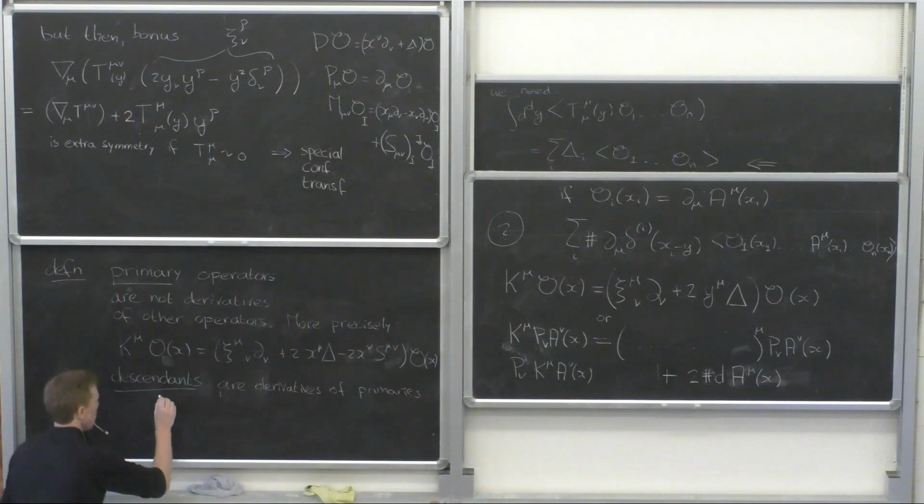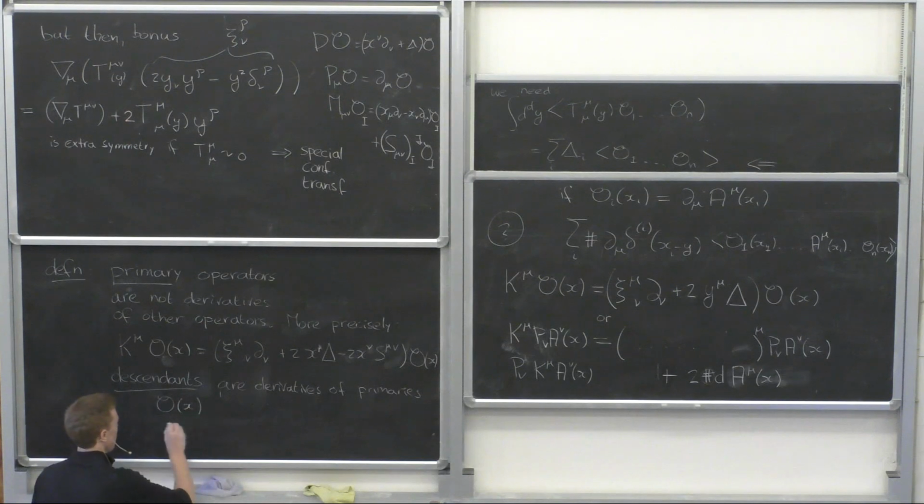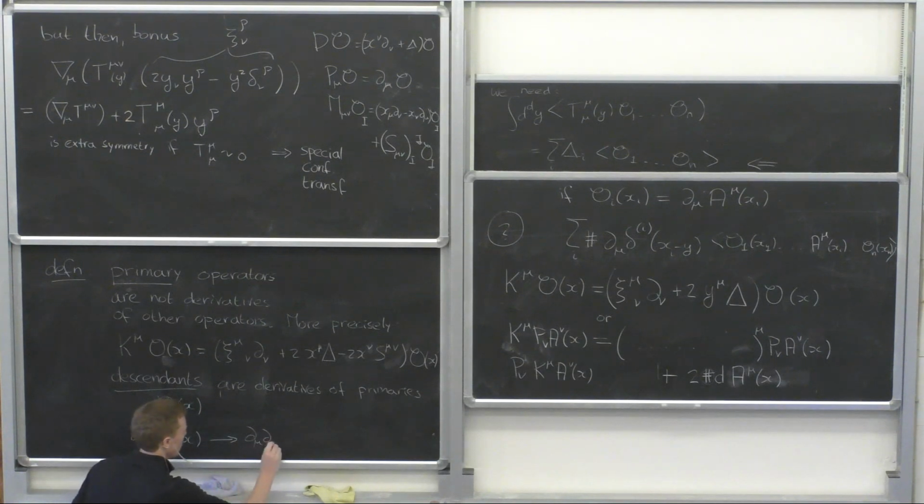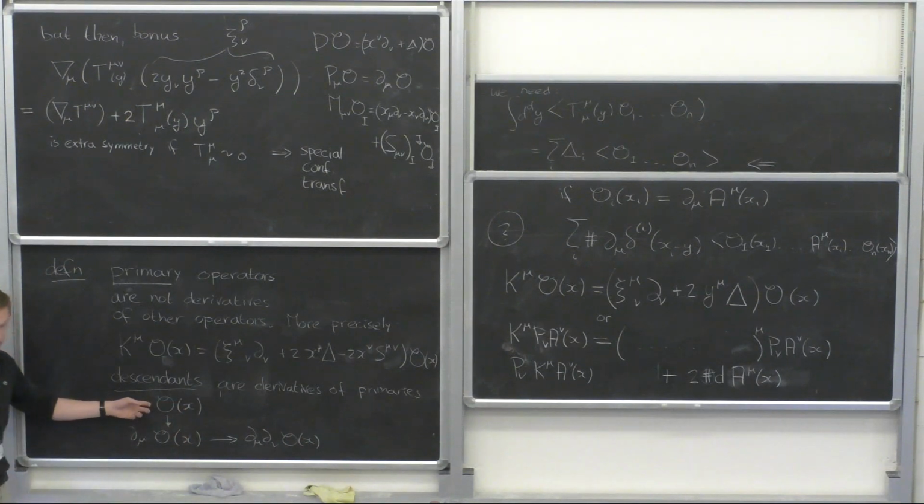So we'll have a primary O of x, and then we act with one derivative, we get the first descendant. And then we act with 2 derivatives, we get the second descendant. And you see, this is a scalar, say, then this is a vector.